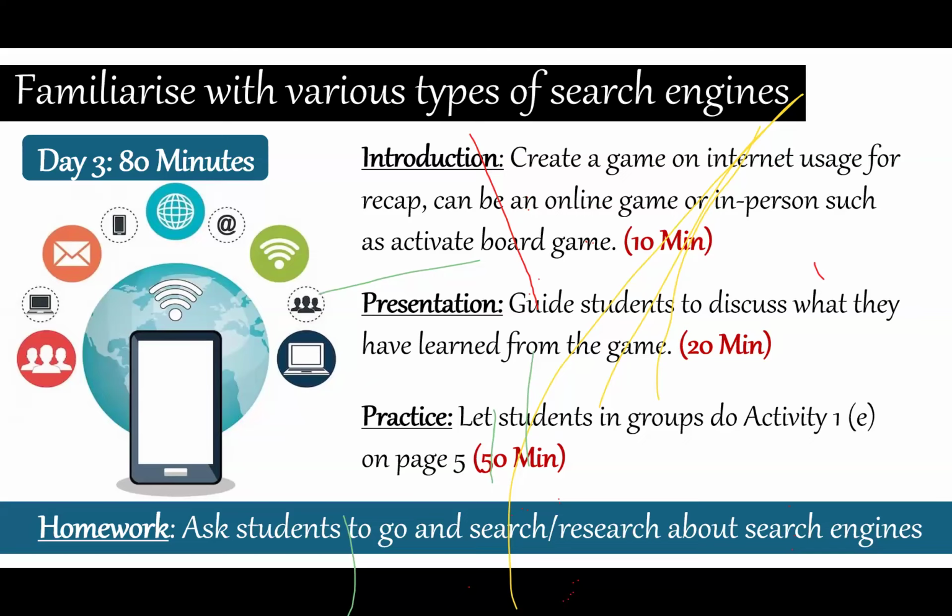If you have a lot of devices, the tech tools, the smartphones, tablets, computers, you can do Kahoot, you can do quizzes. I know this can work better as games in class. But if you don't have them, you can do an in-person game, because what I'm going to share can also be done in person. It's a sorting game.